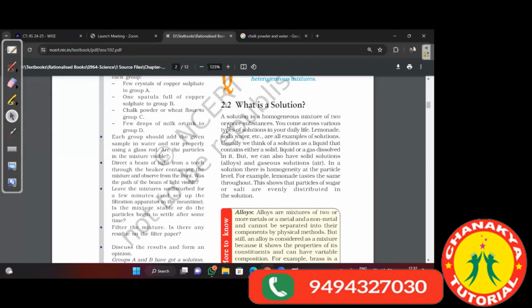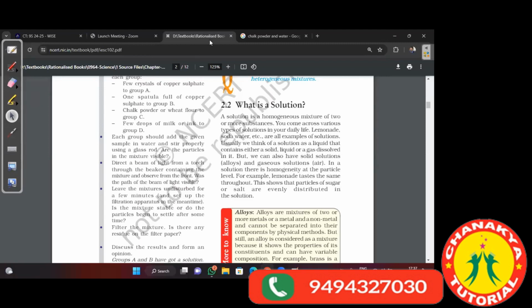If two or more substances are mixed, they form a homogeneous mixture, so we call that a solution. The substances which form a homogeneous mixture of two or more substances, we call a solution.